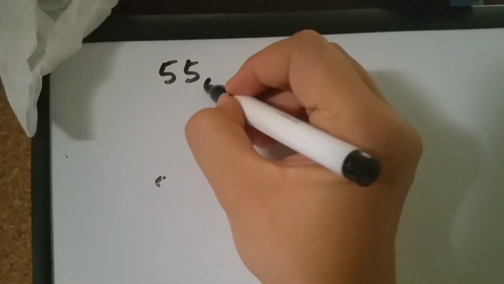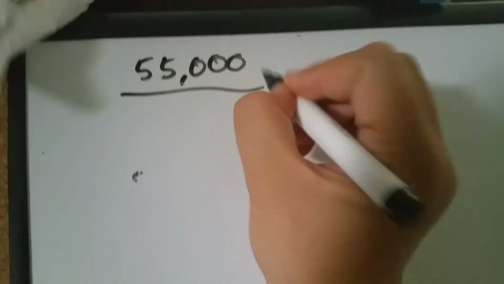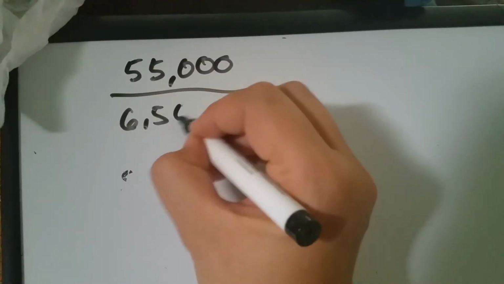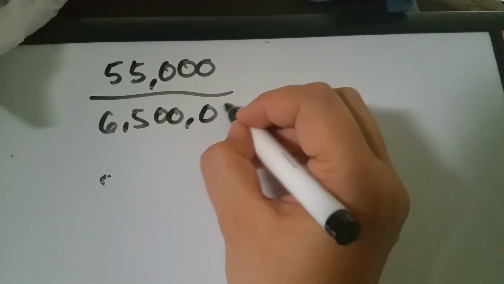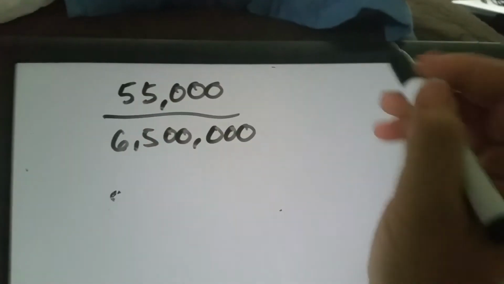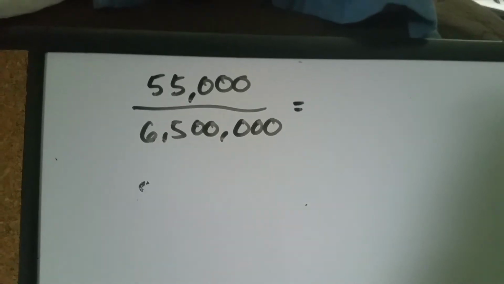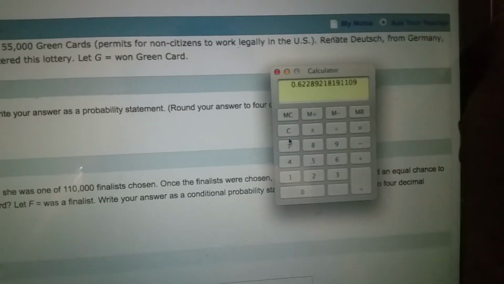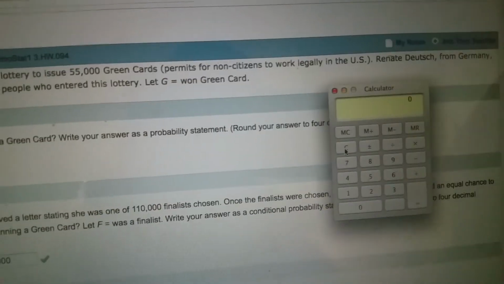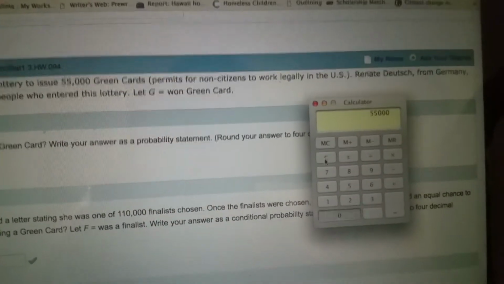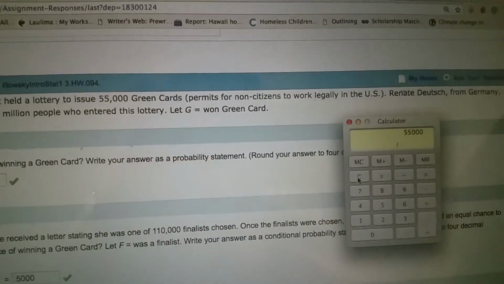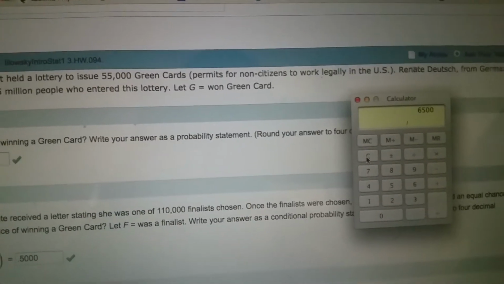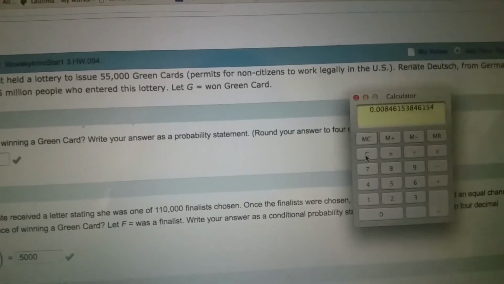So if we were to write it as a fraction, what are the chances? Well, there's only 55,000 out of 6.5 million, or 6,500,000. And if I were to divide that, I'm just going to type this whole one in. 55,000 divided by 6500000.